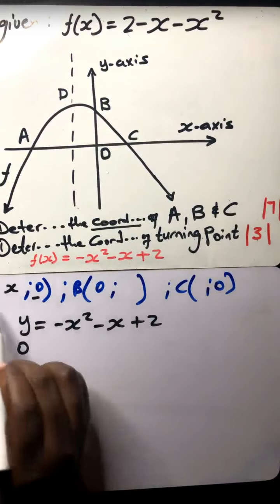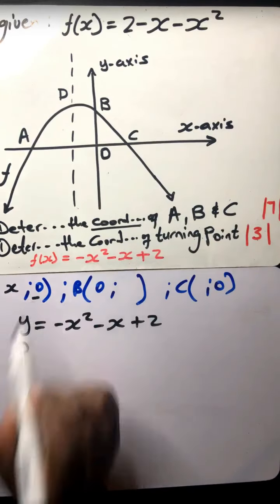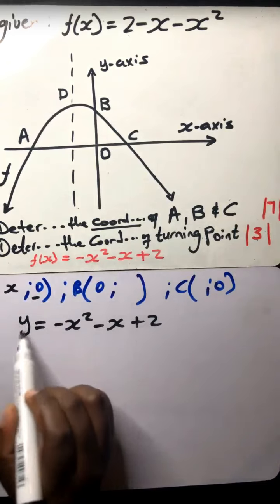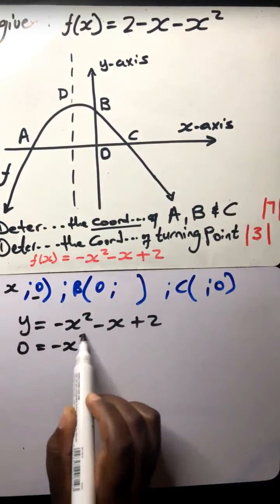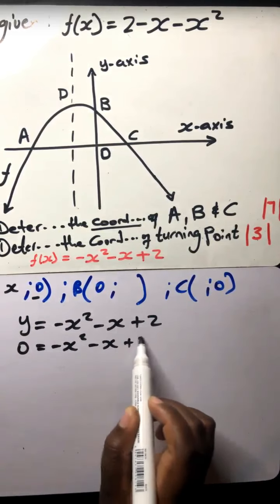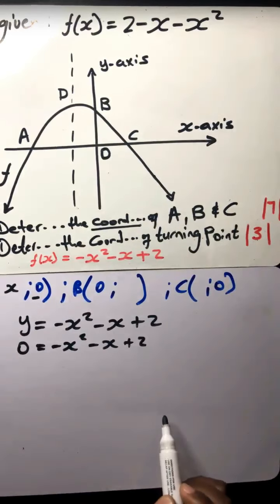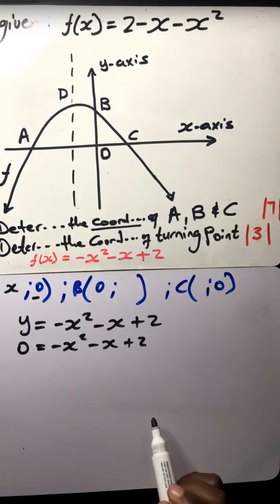Why? Because for the coordinates of A, y is 0. So I equate this to 0 and then solve for the value of x.